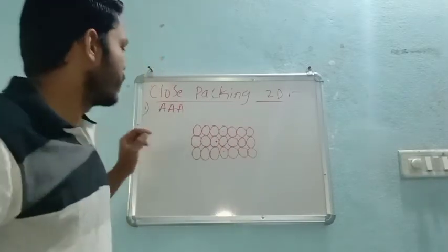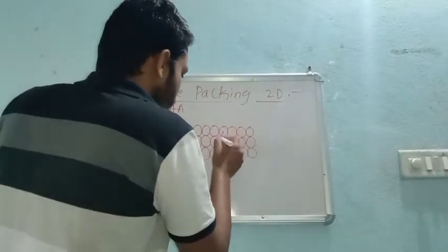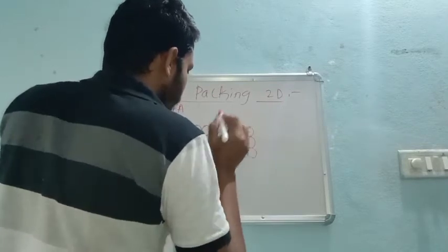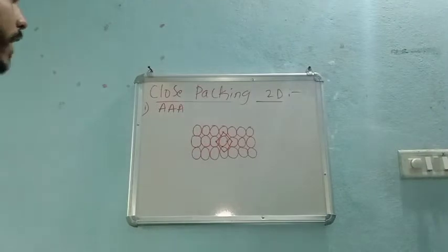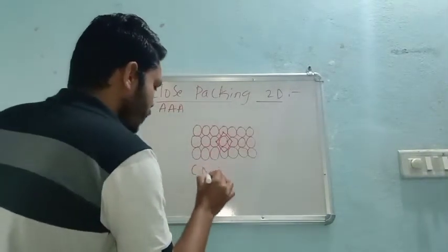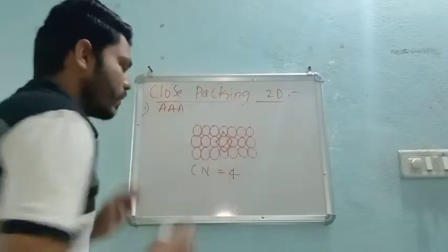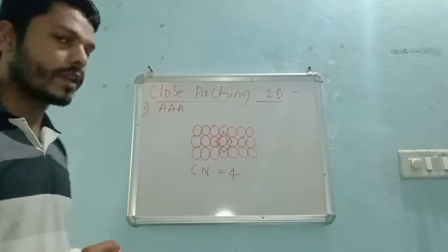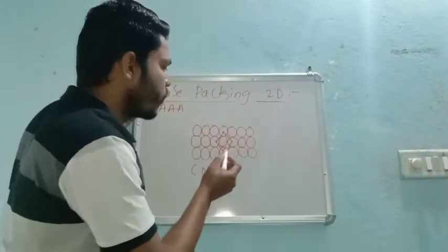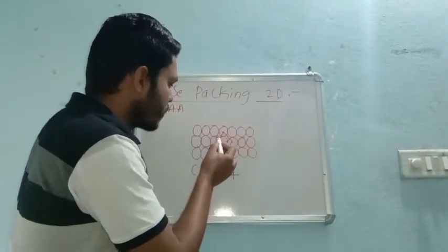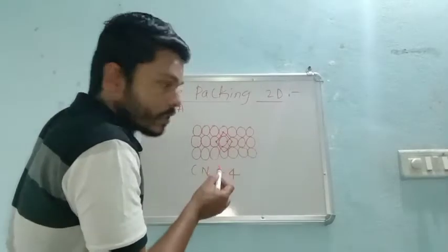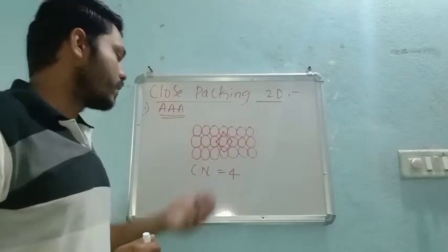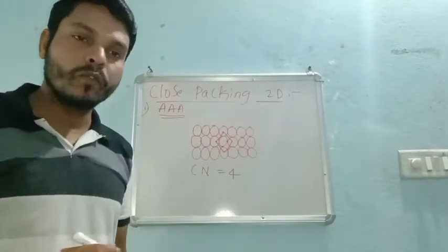That means in AA type of arrangement, the coordination number will be 4, right? Clearly you can see, if I consider this atom as the particular atom, then to this atom there are 4 constituent particles in direct link. So in AA type of arrangement the coordination number will be 4, right?